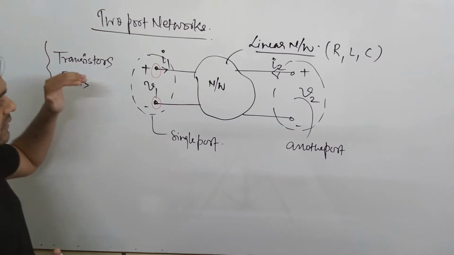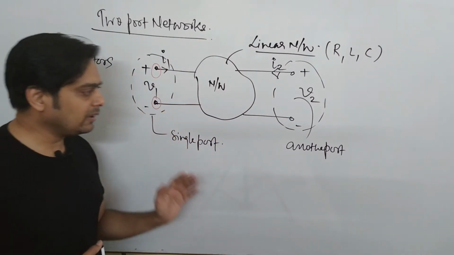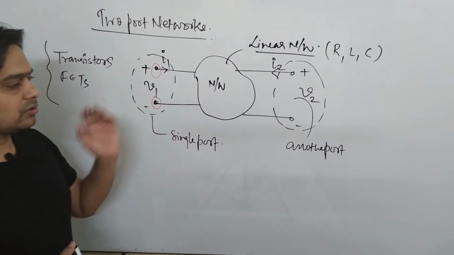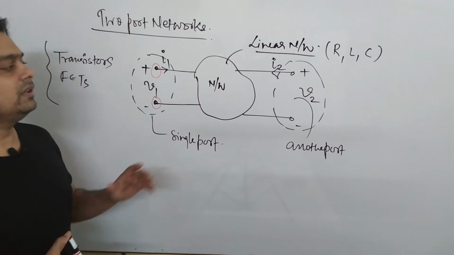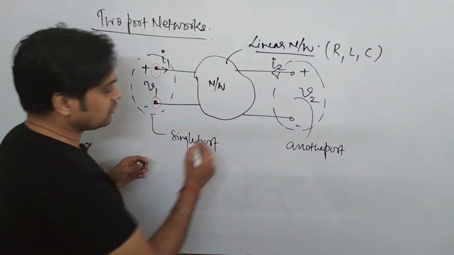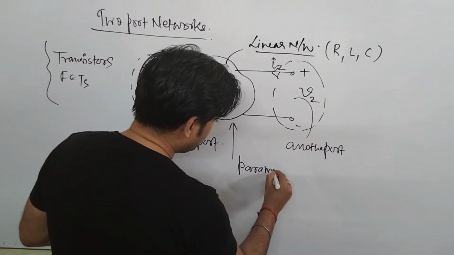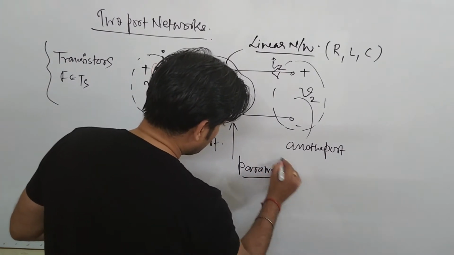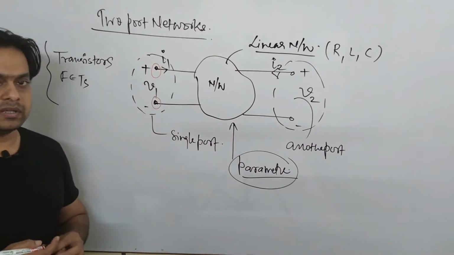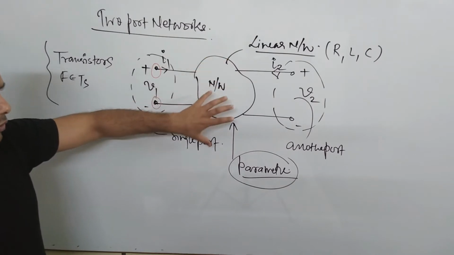So we will convert this transistor into some form of two-port network, and then with the help of different types of two-port parameters we will solve and analyze the network. So basically this two-port network is solved with the help of some parameters. Another term that comes up is parameters, and that's why we are going to talk about the two-port parameters. First we have to understand what is a two-port network and how a two-port network will be analyzed.